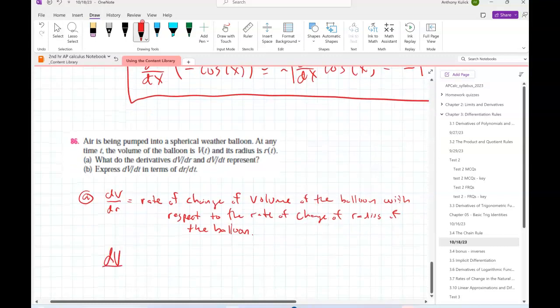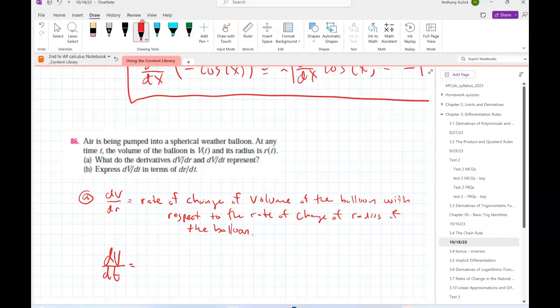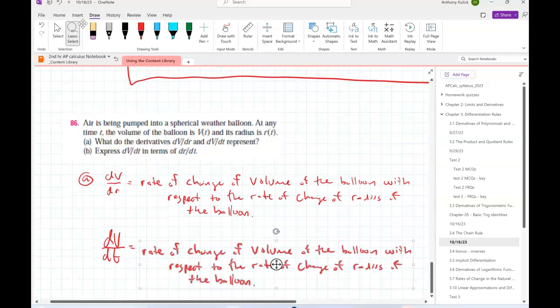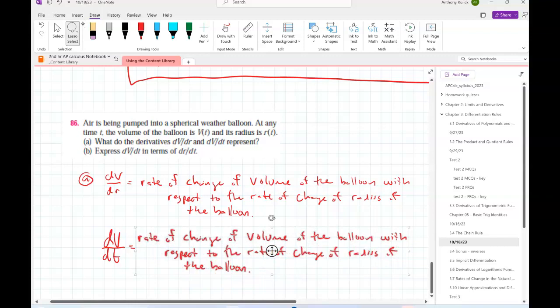We have to do dV/dt also. What would we say here? Yeah, great. Right, because we're pumping air in at each second, we'd expect that volume to be growing, right?